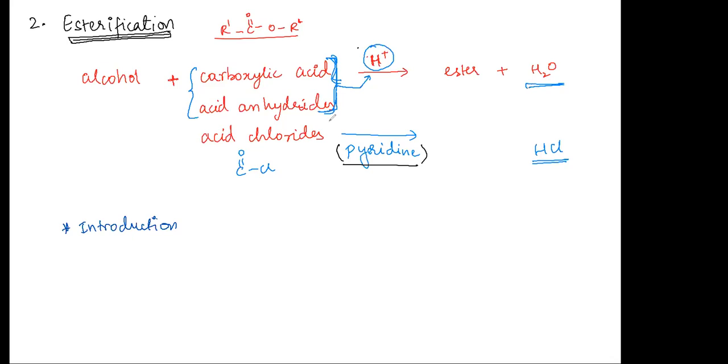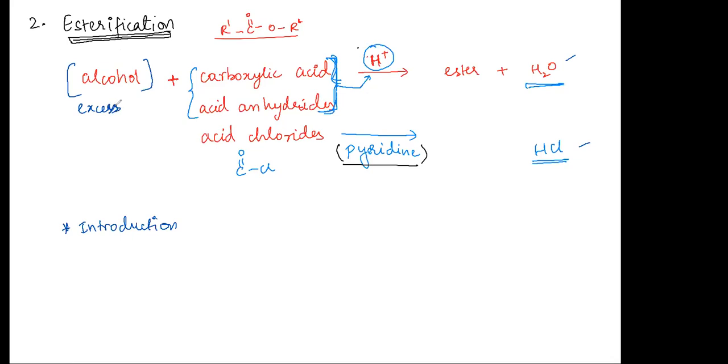One is that the catalyst is basically used to remove the byproduct that is formed so that the equilibrium shifts towards the right. And the second one, which is not given in your textbook, is that the alcohol is taken in excess quantity.